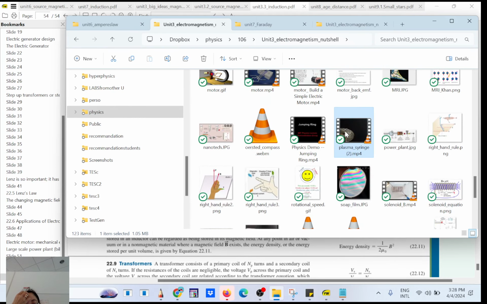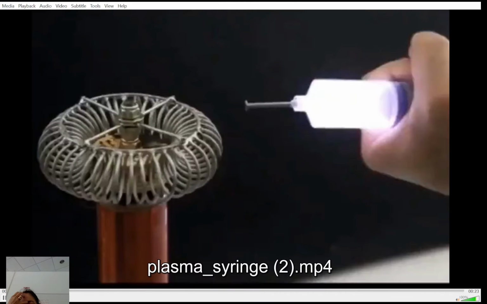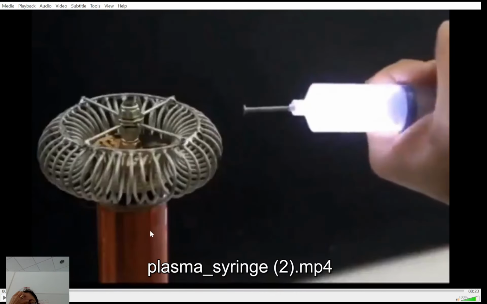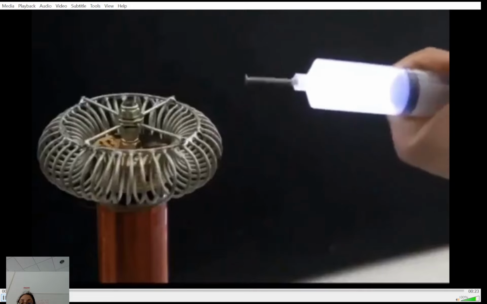Here. So this is a Tesla coil. Okay, so the top here can discharge at a very high voltage. Okay, and you have a syringe here, you have a nail, and that will be connected to the ground, I suppose.